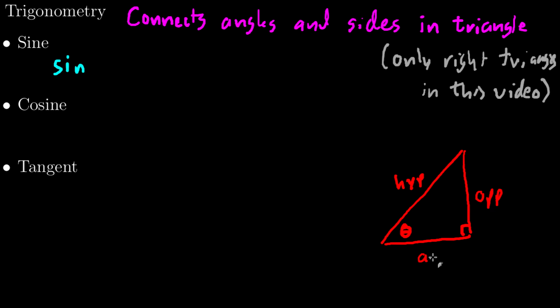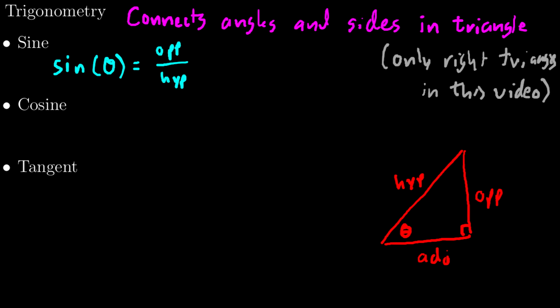I know this is the adjacent leg. The sine of the angle will equal the opposite leg over the hypotenuse. It will give me a way to relate these two things.